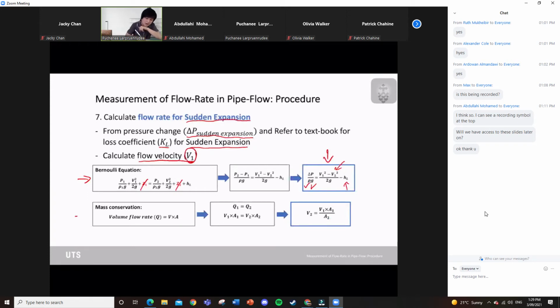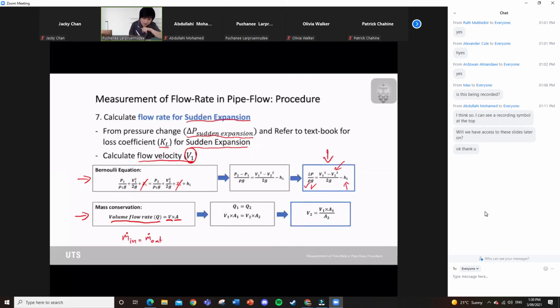We need to apply another equation, continuity equation or mass conservation. For the mass conservation, again, M in equal to M out. So volume flow rate Q equal to velocity multiplied by cross-sectional area.